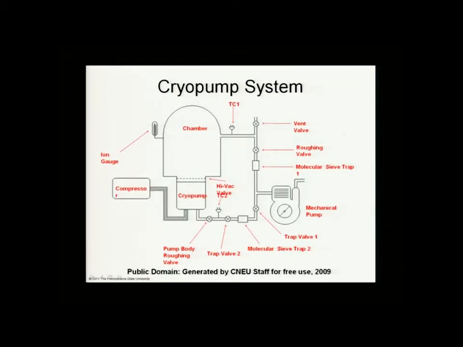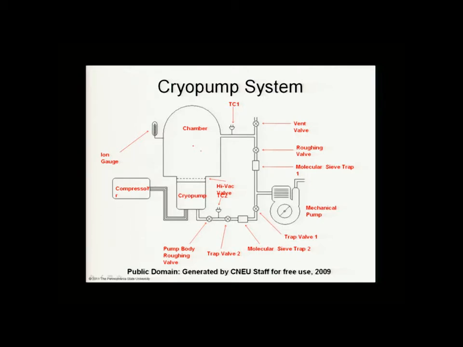So a cryo system looks like this, and you can see the processing chamber. You can see the compressor, which is cycling the liquid helium, let's say, into the cryo pump. You can see this is pumping down on our processing chamber.